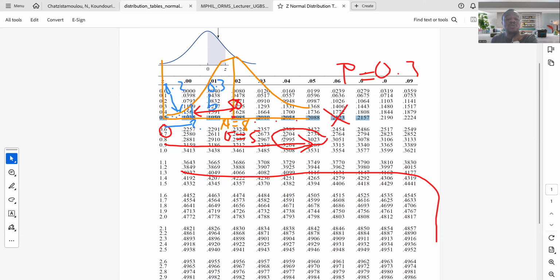These are the only two numbers that are closest to 0.3. Which one? Is it 0.2995 or 0.3023? So the correct answer is 0.2995. This is closer. Now that you know, you should read its z value, moving leftward and upward.